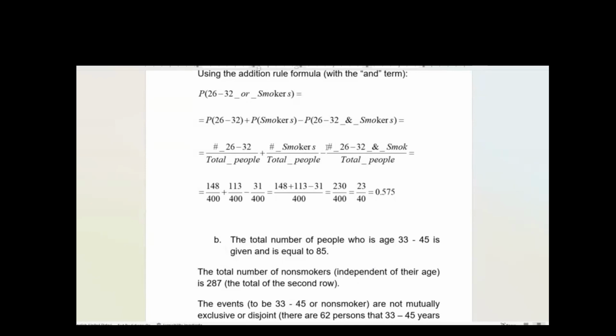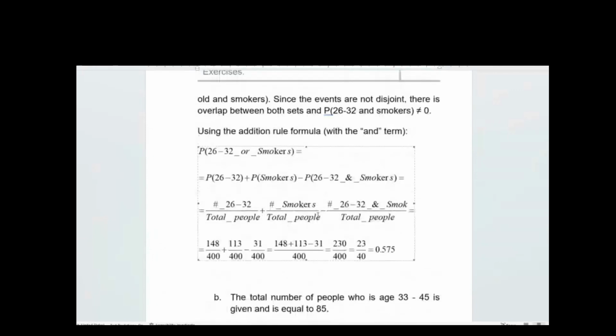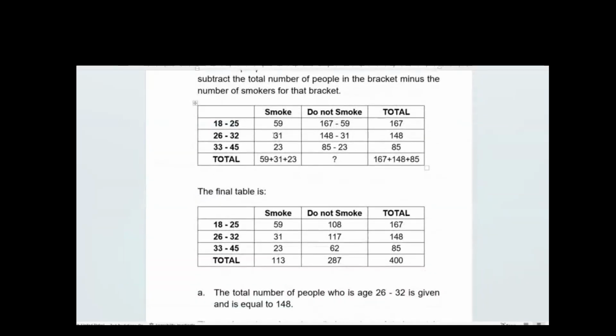In this case, if you don't subtract the probability of people that are in the bracket and smoke at the same time, you will be counting twice the same group of people. You will be counting these 31 people twice because you include these 31 people when you say that there are 148 people in the bracket from 26 to 32.